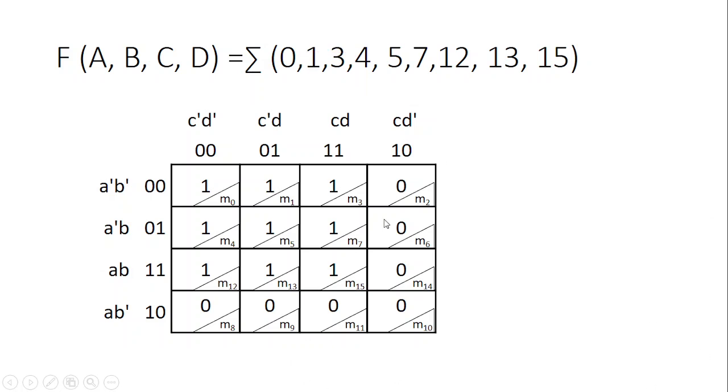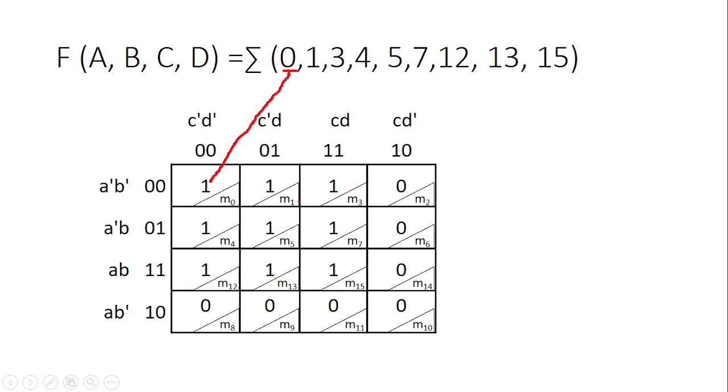I have 0 here, and 0 means I'm going to refer to this m value from here, the min term. Wherever you have this value, you make it as 1. So this 0 is 1.